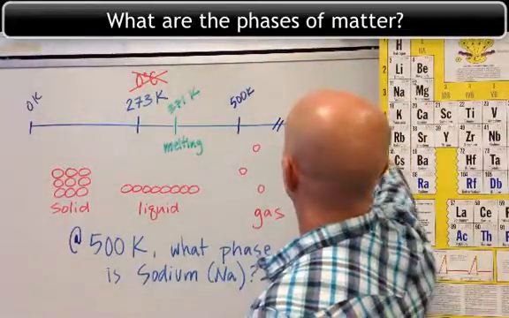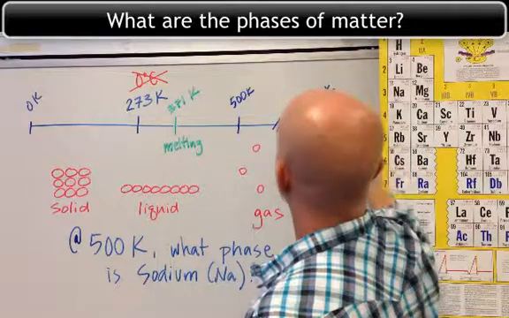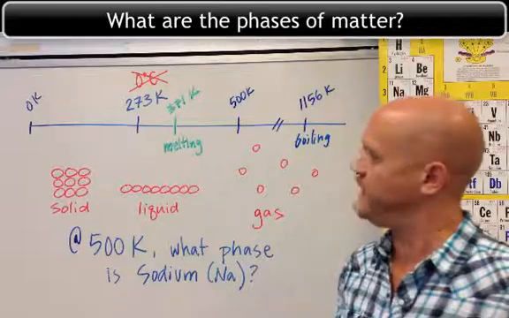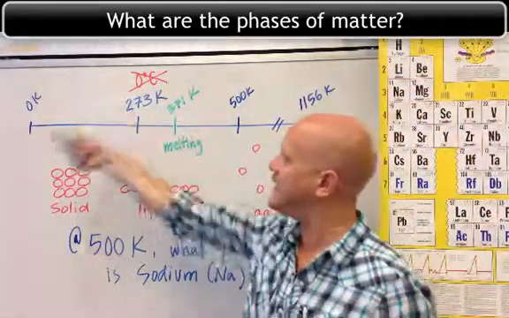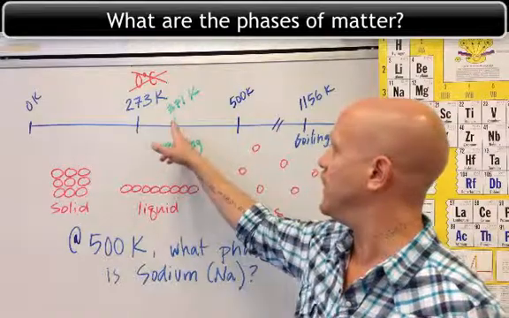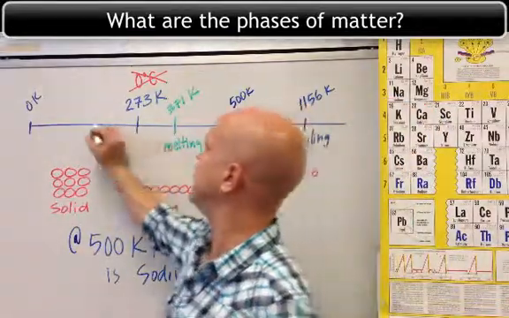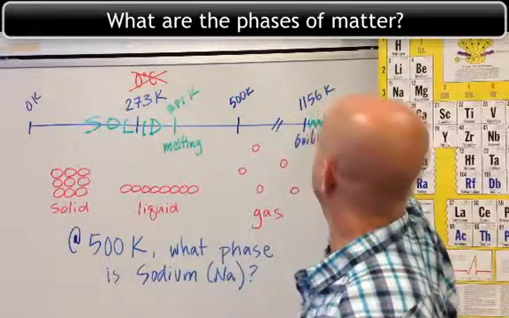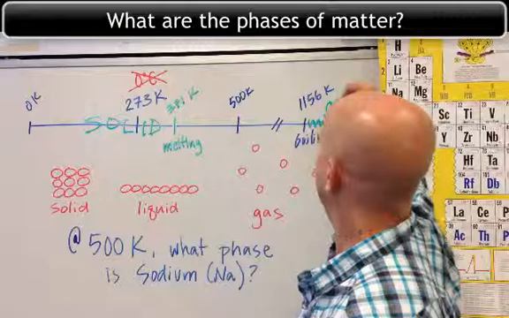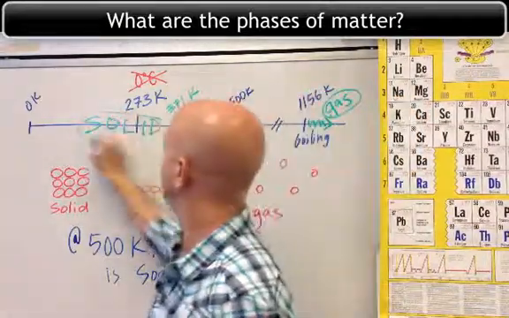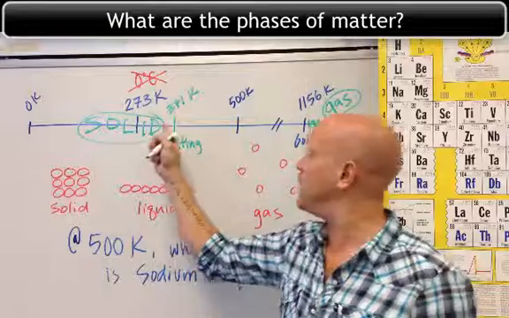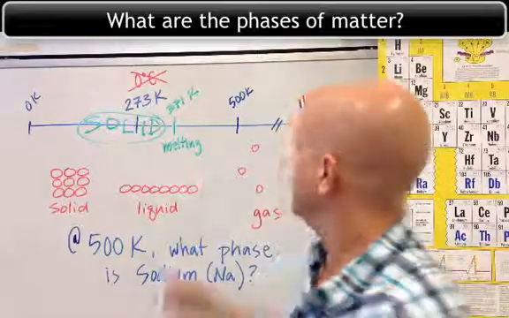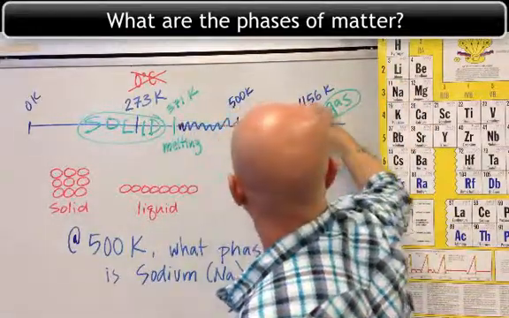So that's way up here. 1156 K, and that is boiling. So what this means is anything less than 371, it will be a solid. Anything above 1156, it will be a gas. And anything between 371 and 1156 is going to be the third phase, which is our liquid phase.